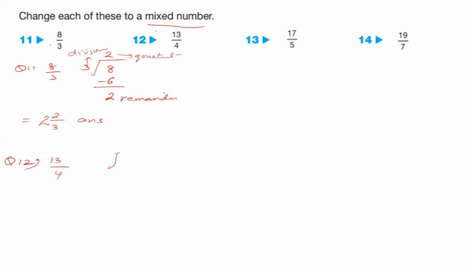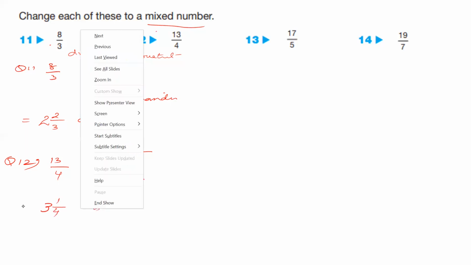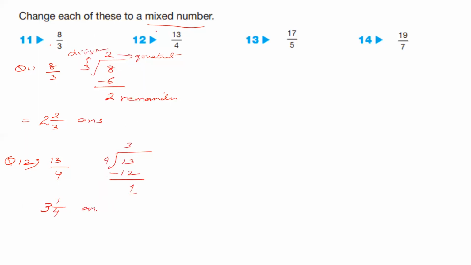Same way, we put the division sign, 13 inside, 4 outside, 4 times 3 is 12. Subtract, you get here 1. Again, 1 is the remainder, so 3 is the quotient. We write here 3 as a whole and 1 upon 4. This is your answer, the mixed fraction of 13 upon 4.